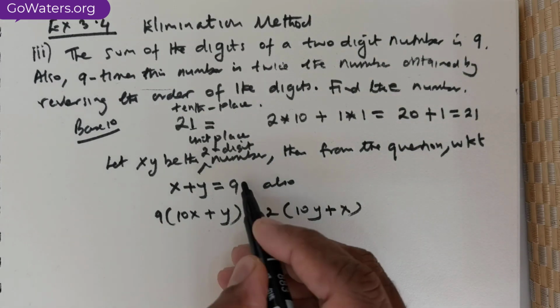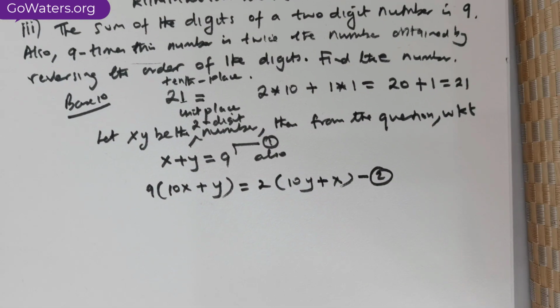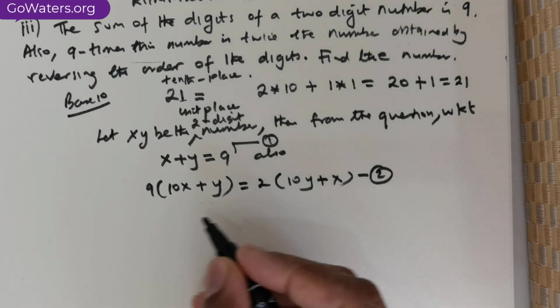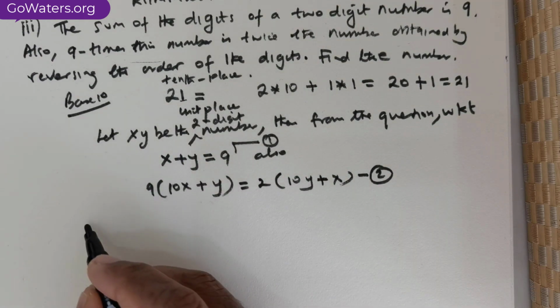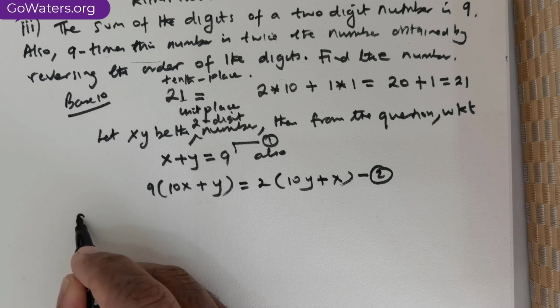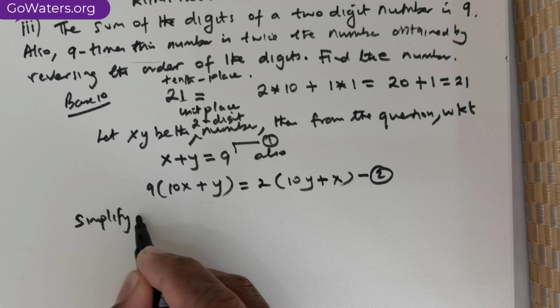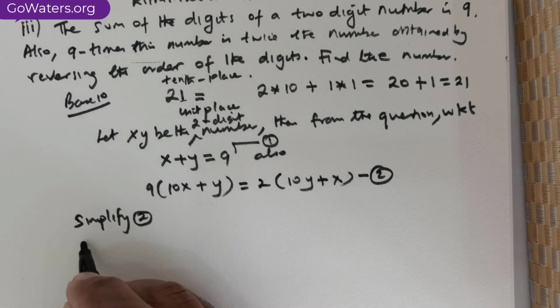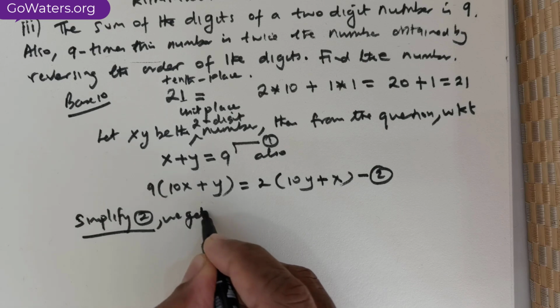So this is the second equation. This is the first equation, this is the second equation. So we will have to use these two equations. Now since it is elimination, what I will do is simplify 2 first. Simplify 2. So what do we get?